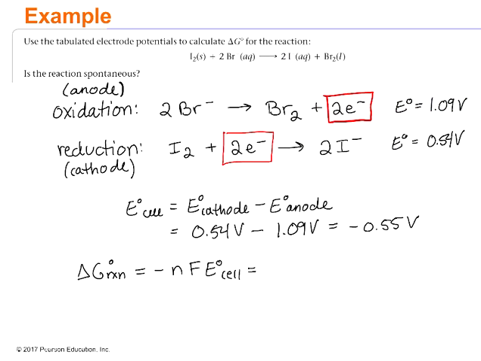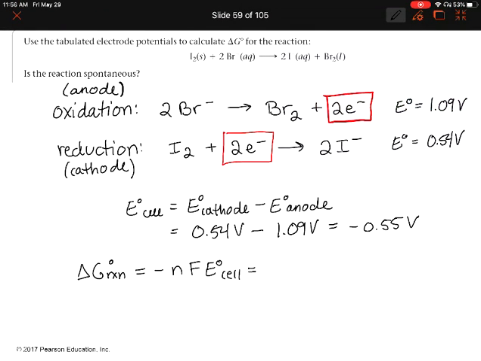Okay, so what we'll do is write in negative 2 moles of electrons times Faraday's constant, which was 96,485 coulombs per mole of electrons.